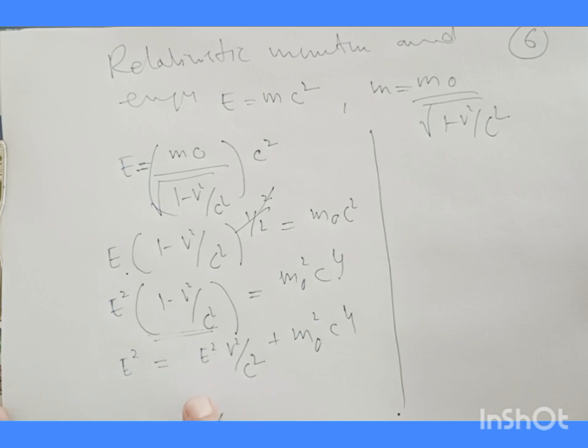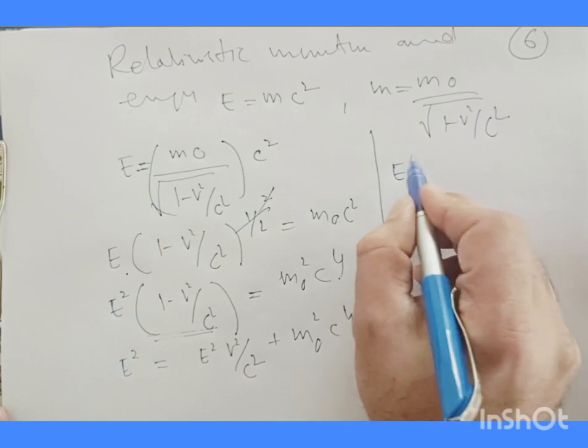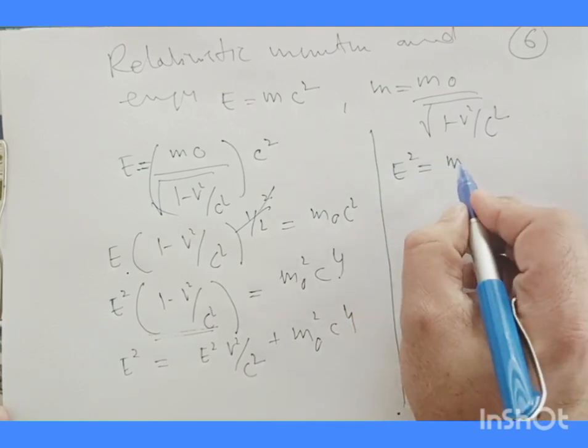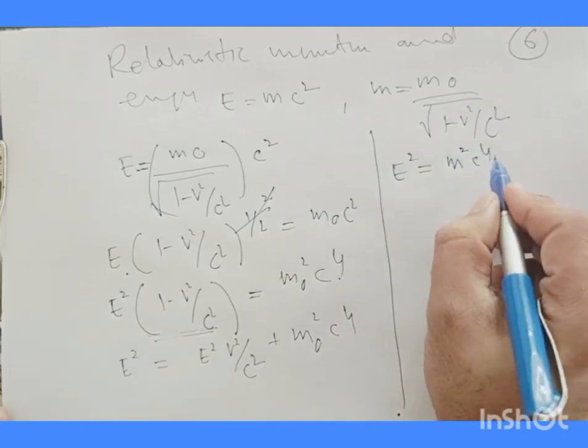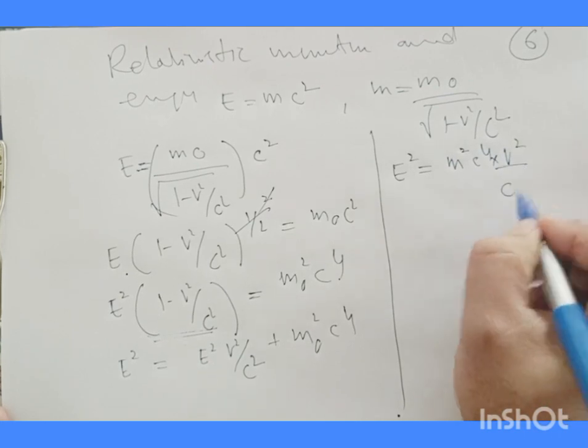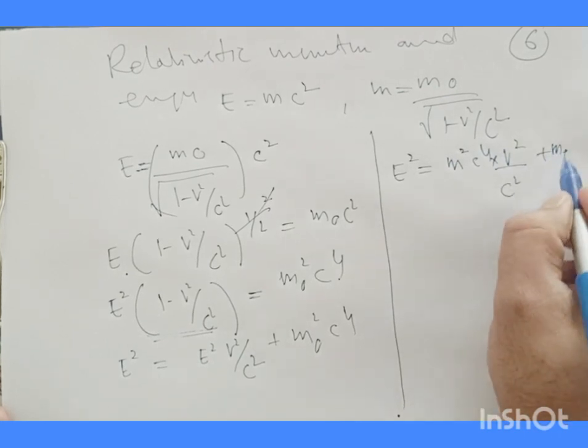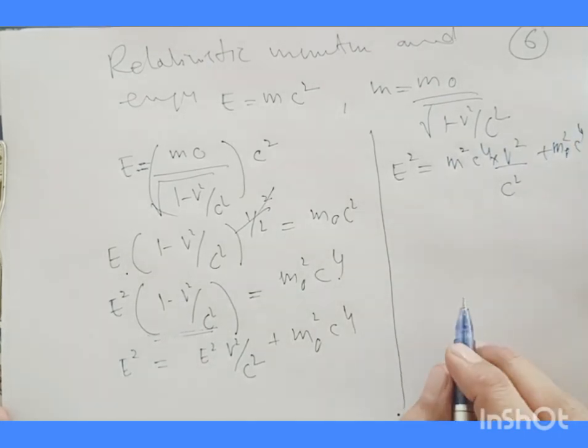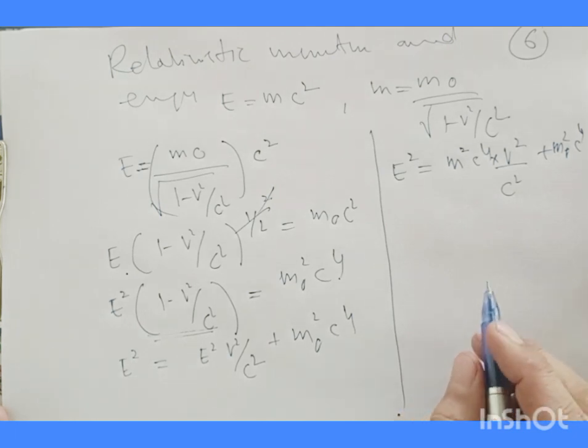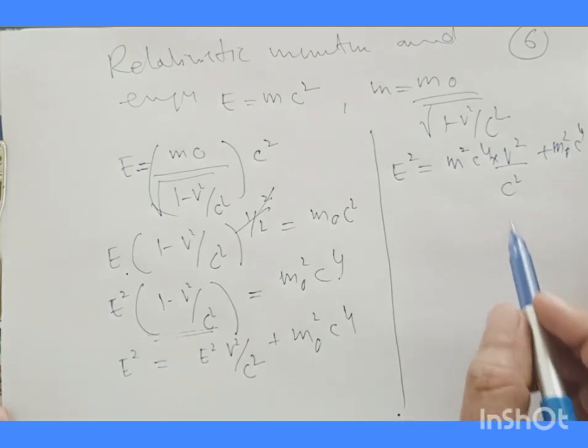And now I would like to do a small mathematical manipulation. Here on the right hand side, I will use E square equal to m square c raised to the power 4. So what I am going to get is E square is m square c to the power 4 times v square by c square plus m naught square c to the power of 4. That is the case.